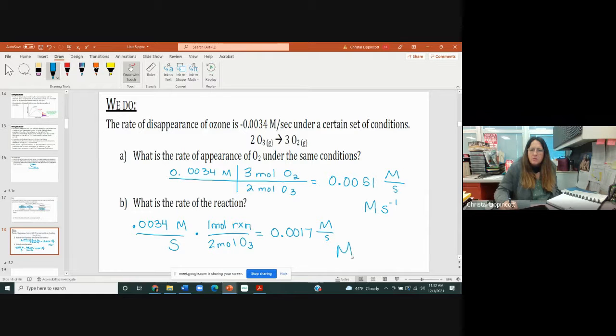How that's set up is for an extra reaction, you always put that in the molarity, times the 1 mole. Your moles cancel here, and it's going to keep you with the same units. You always use the coefficient of the reaction. Whatever they've given you, they gave you ozone, so that's what we're using here to get to the reaction. If they gave you oxygen, you would use that. And then this would have been already a positive value, or this would have been oxygen. You always make it positive.